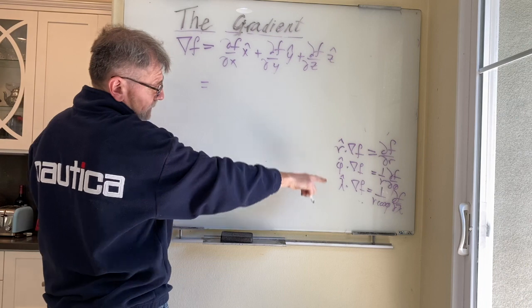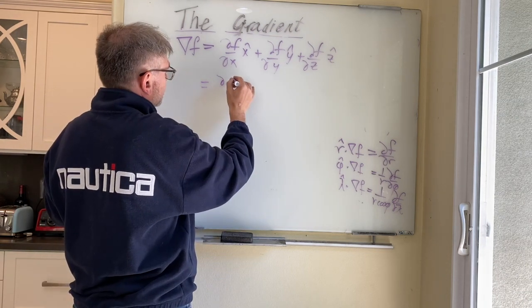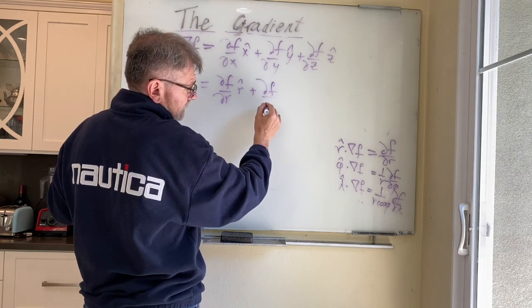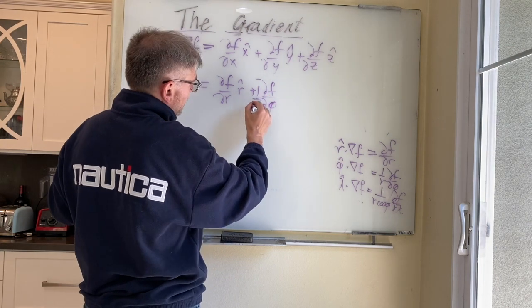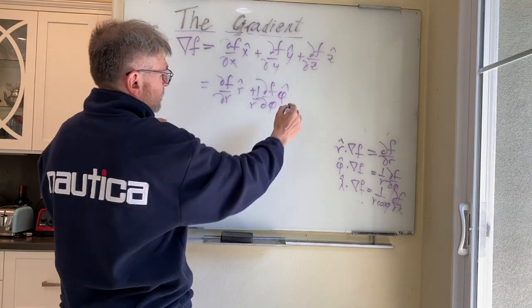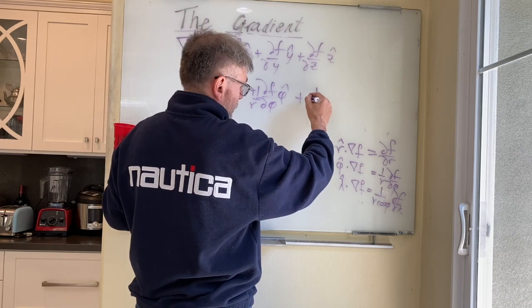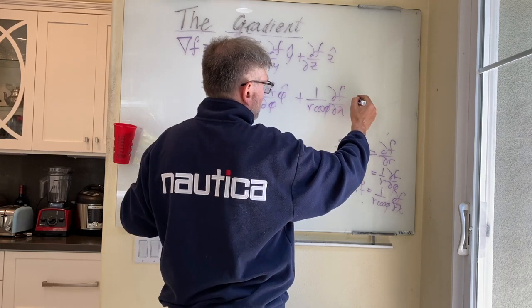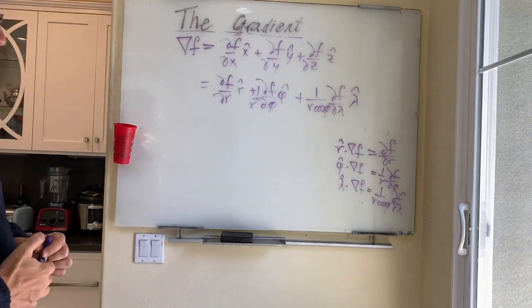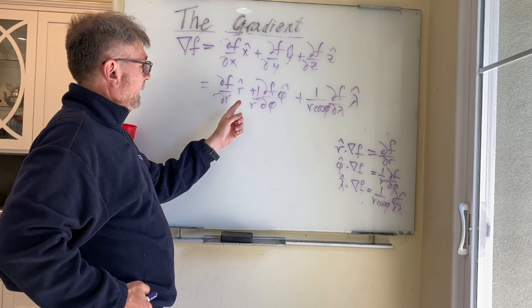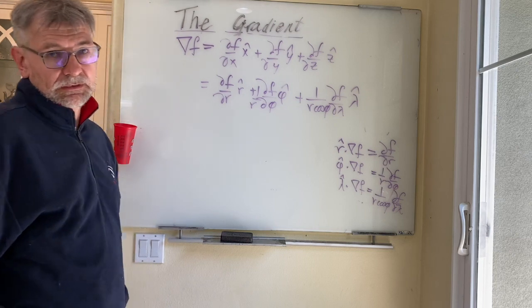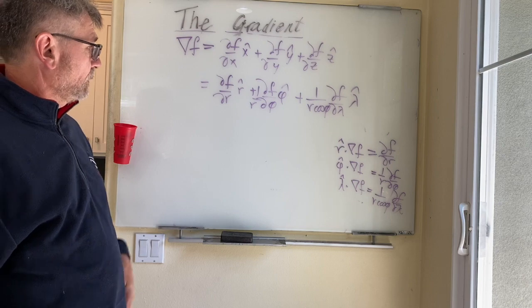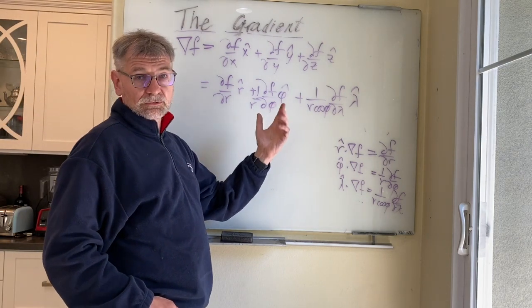Or, using this notation, I could get df dr times r hat plus df d phi times 1 over r phi hat plus 1 over r cos phi df d lambda lambda hat. Where now r hat, phi hat, and lambda hat are the unit vectors in spherical coordinates. Okay, so that's how you do the gradient in spherical coordinates.